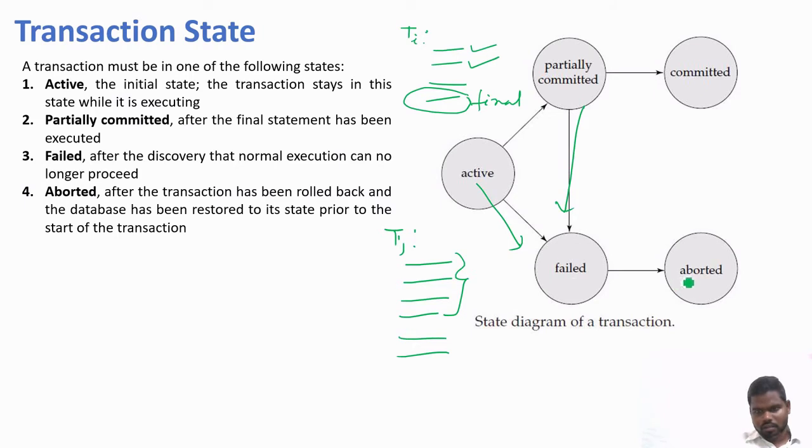Before going into the aborted state, all the operations that were done are undone, and only then the transaction Tj enters into the aborted state. That is the meaning of rollback. Rollback means undone.